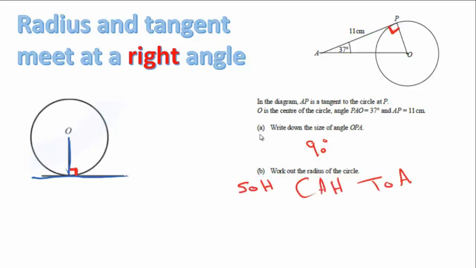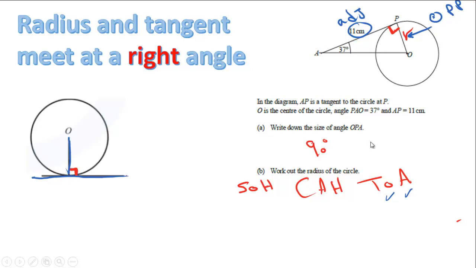So first, we have to determine which function to use according to this angle here. This side is the opposite, and it's the radius that we need to find. And this side here is the adjacent. So now we have opposite and adjacent, so we're going to use tan.